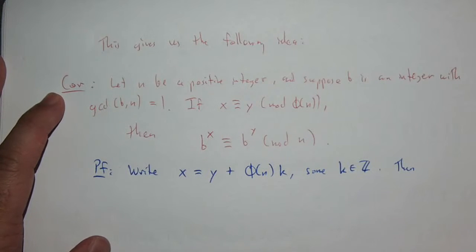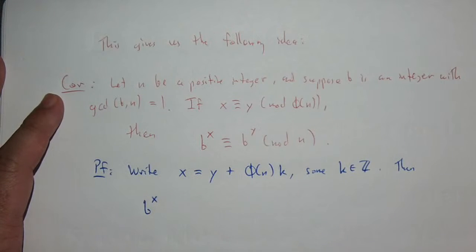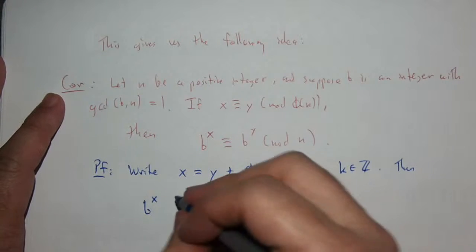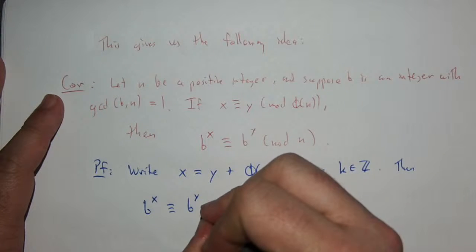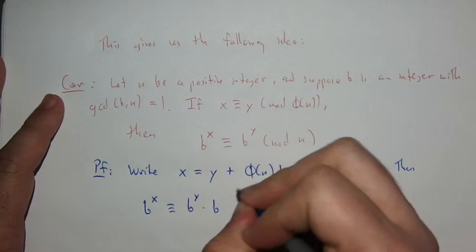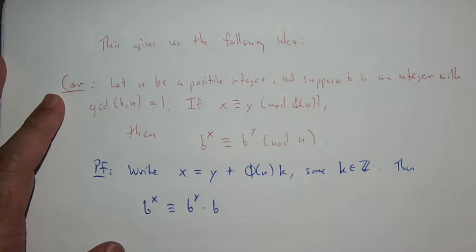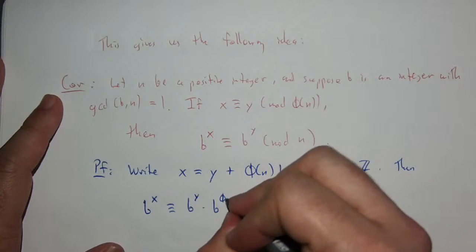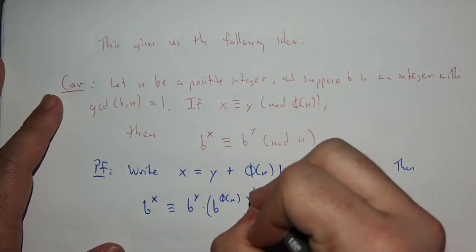Then what can I say here? Well, b to the x is congruent to b to the y times b to the phi of n times k, which I can already write in a nice way as b to the phi of n, to the k.